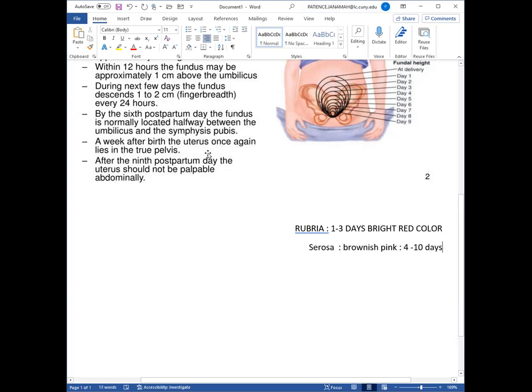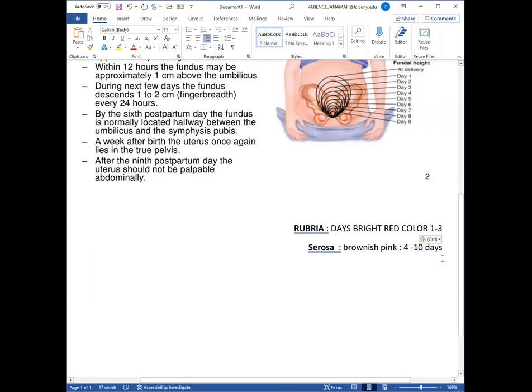So remember, rubra is the first discharge a woman will have, bright red in color, usually 1 to 3 days. Serosa is the next one, brownish pink, 4 to 10 days after delivery.